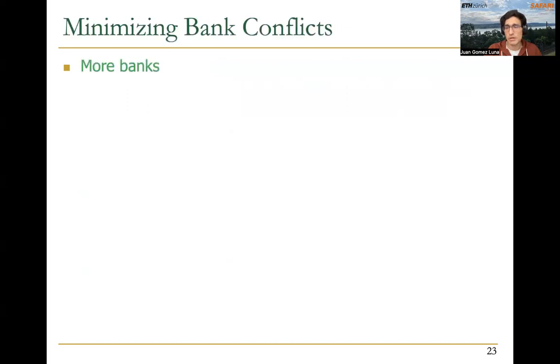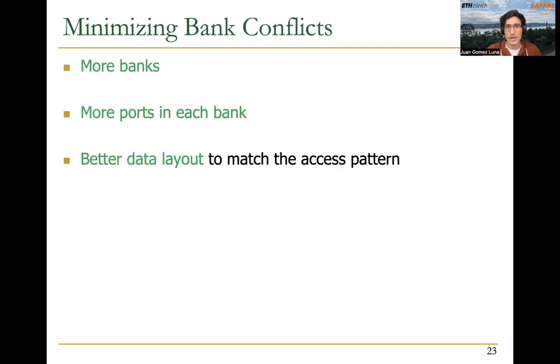How to minimize bank conflicts? The first solution is to have more banks. The second solution is to have more ports in each bank. We can also change the data layout in order to match the access pattern. I just gave you the example of the matrix B. One thing we could do is transpose matrix B so that we access the columns horizontally as if they were rows.